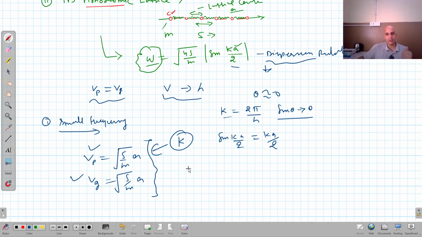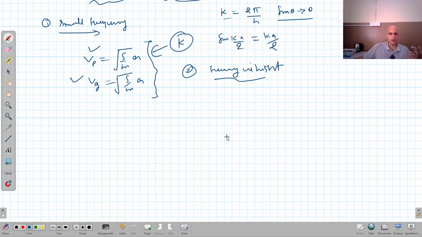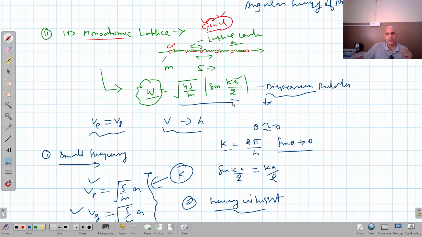But the second condition is when the frequency is high. So when the frequency is high, in that case, I can't take this. It means the wavelength is small. So in that case, I can't take theta tends to 0. We can see from here that when this theta is not equal to 0, I can't write sine theta is equal to theta.